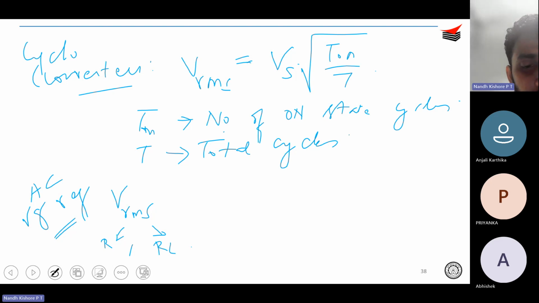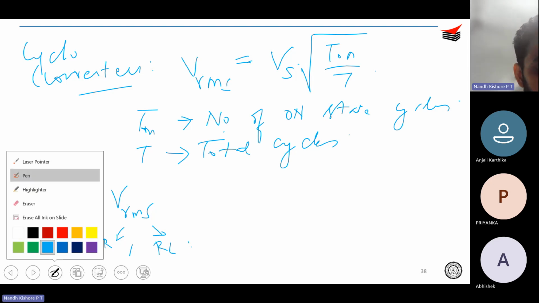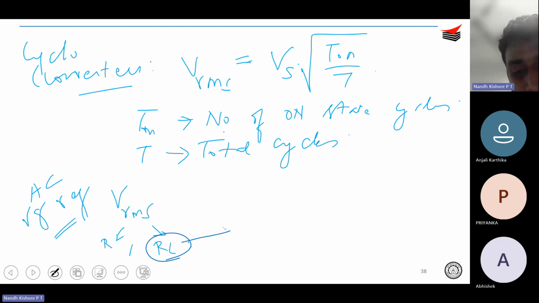However, you note that for RL case, at a particular value of phi, the converter becomes uncontrollable because the output voltage will become continuous. Okay. So you will see that if your triggering angle or the firing angle alpha is less than phi, correct? Then the converter becomes uncontrollable.